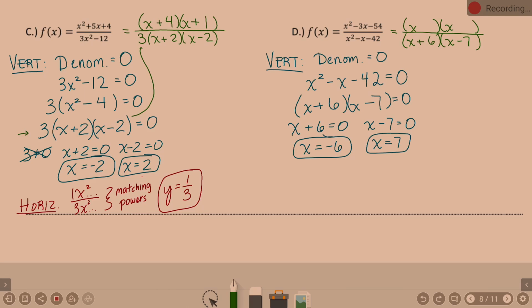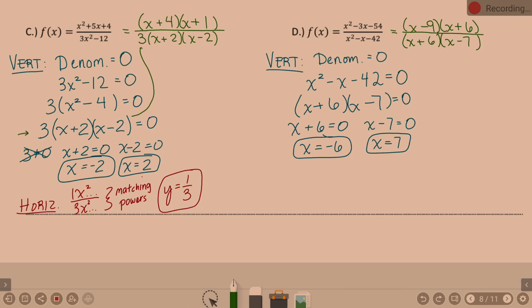What multiplies to be 54? Some combination of 9 times 6 is 54, yes? I haven't gotten as far as my signs, but if it adds to be negative 3, negative 9, positive 6.